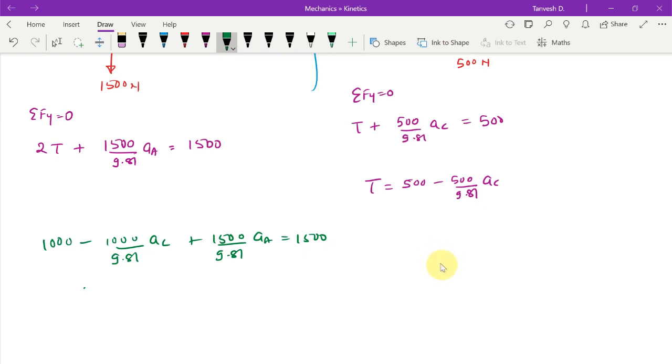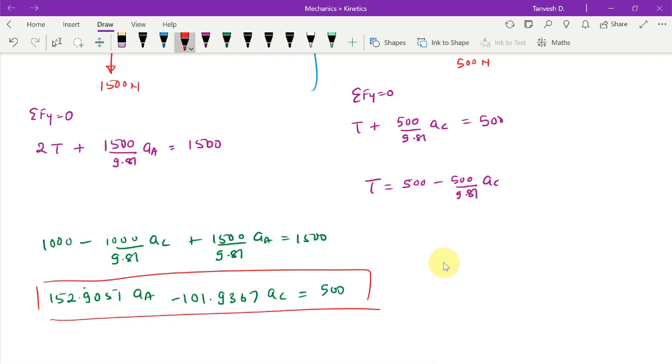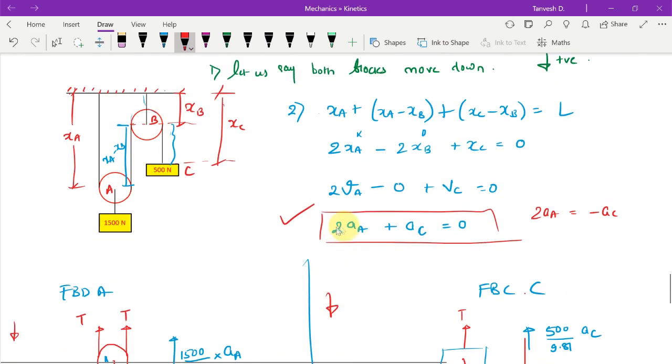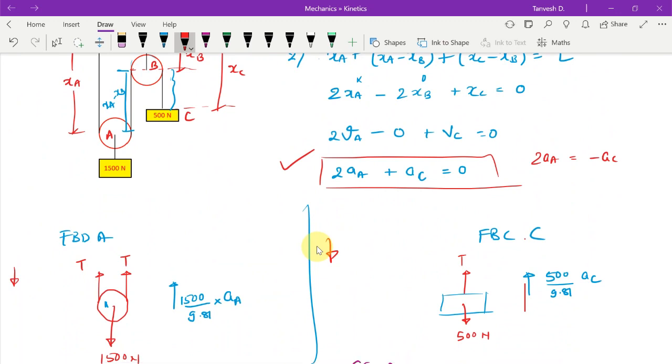So the equation that we will get here is 152.9051 times aA minus 1000 divided by 9.81, which is 101.9367, times aC equals 1500 minus 1000, which is 500, right? So now we have these two equations. First is this one and the second is this one. We will solve them simultaneously to get our accelerations.